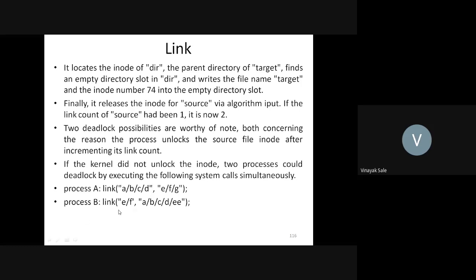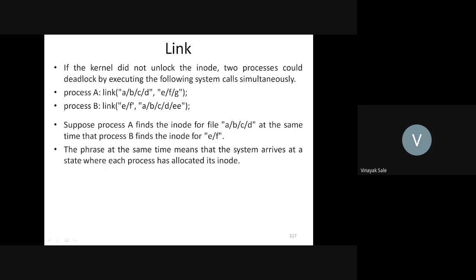Similarly, process B executes a statement where e/f is the source file and the target file is a/b/c/d/e. If the kernel did not unlock the inode, the two processes could deadlock executing these system calls simultaneously.